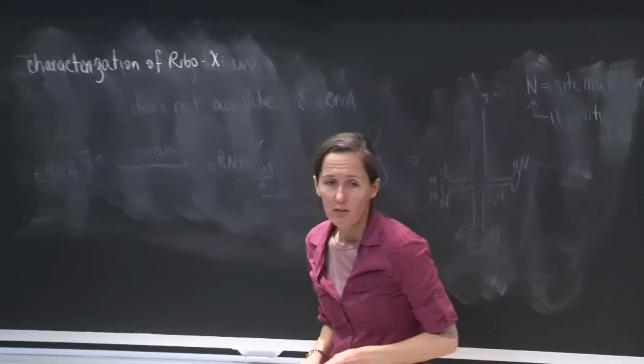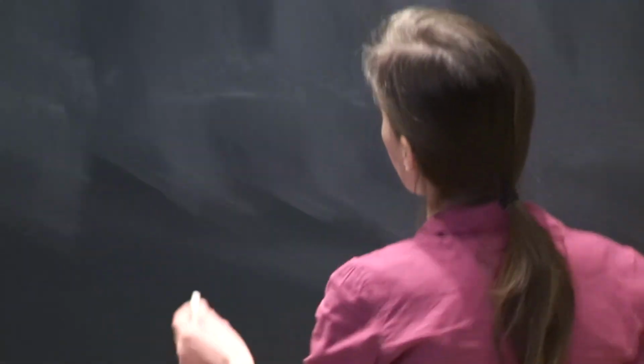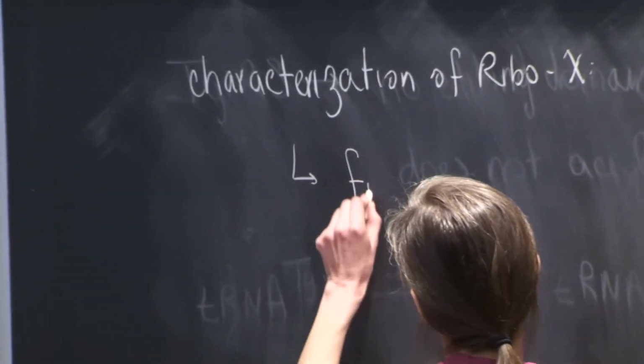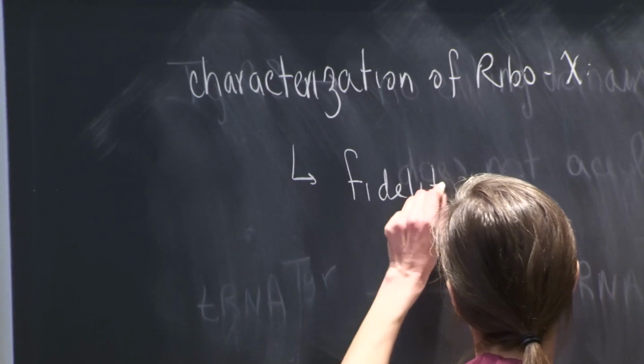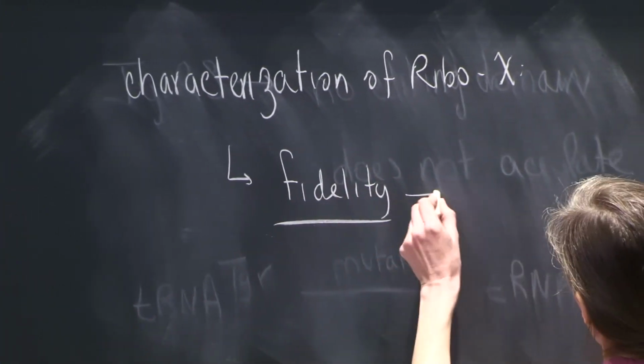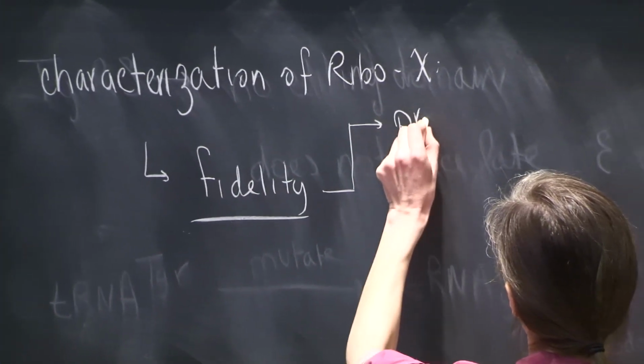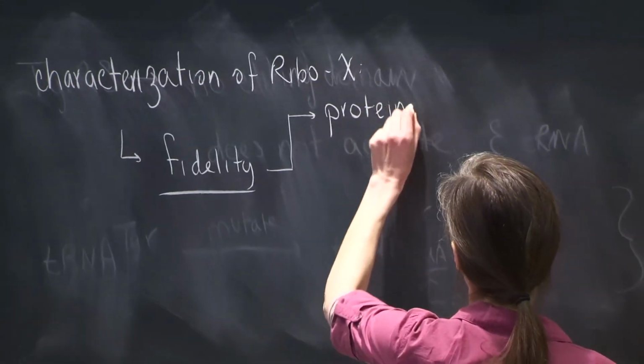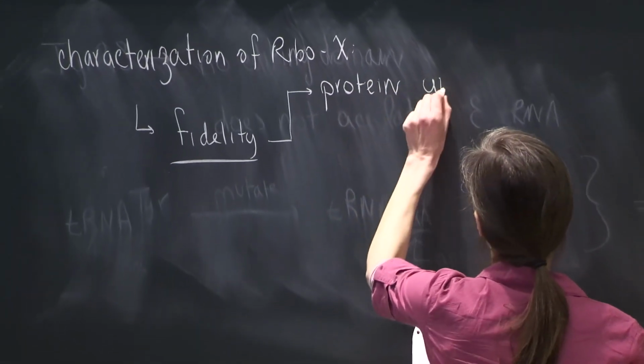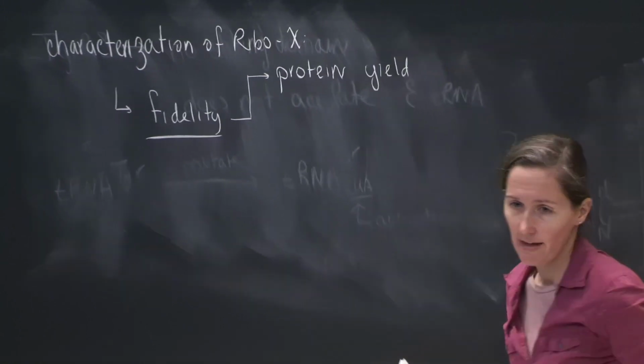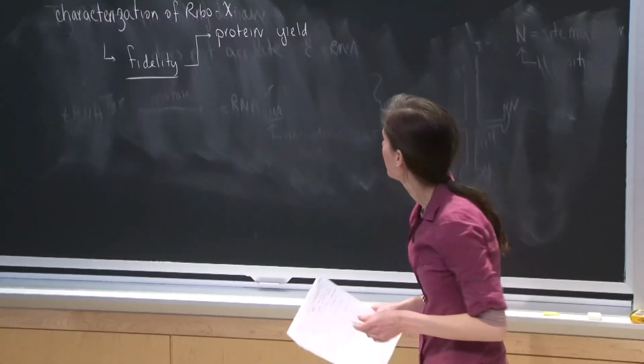Okay. So something we want to ask about is fidelity. If we're using this to express some protein, what is the protein yield, and how does that compare to the native ribosome?